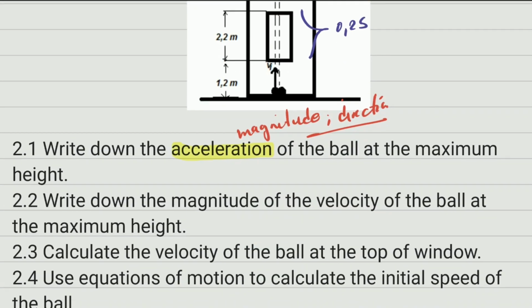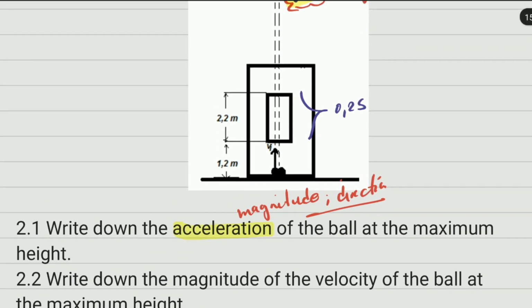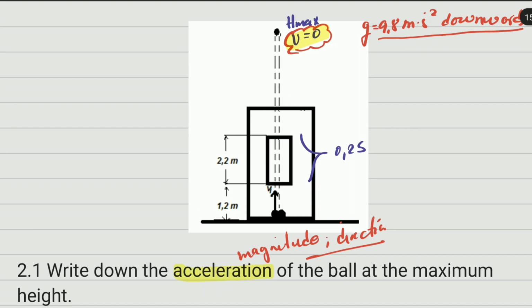Calculate the velocity of the ball at the top of the window. So they want to know what is the velocity of the ball at the top of the window, when the object is right there. That is what they want.